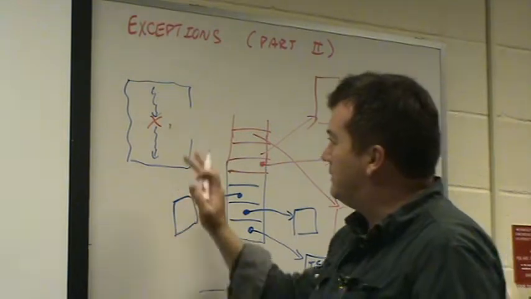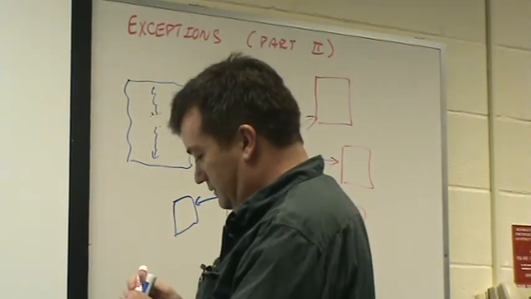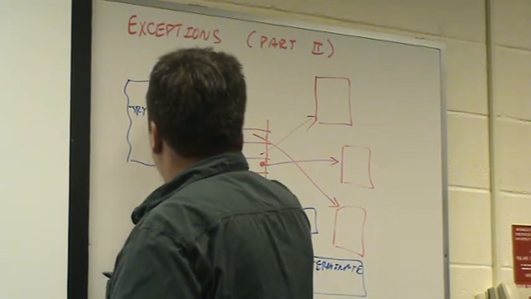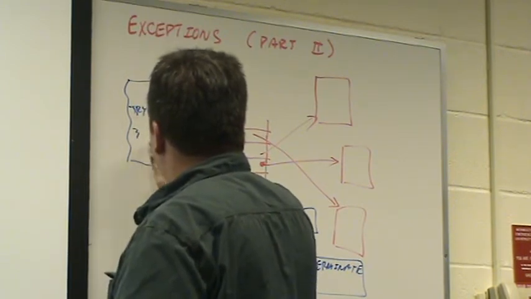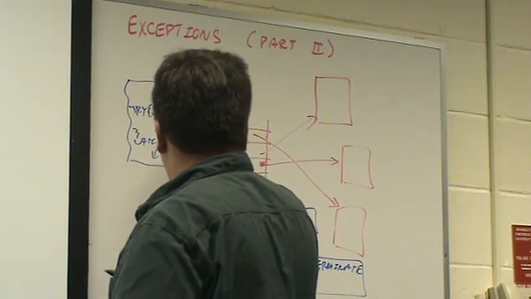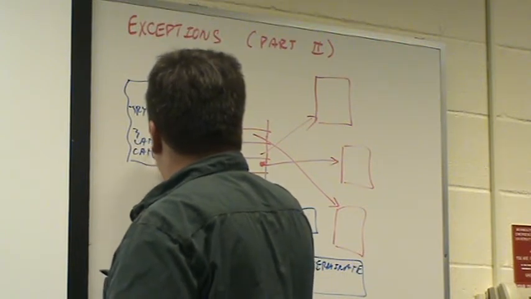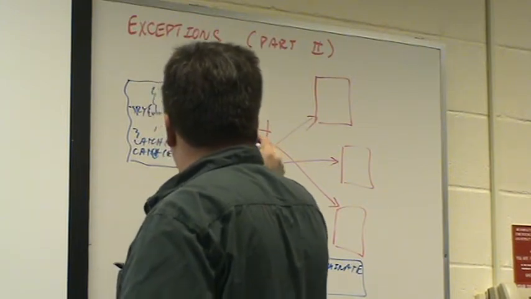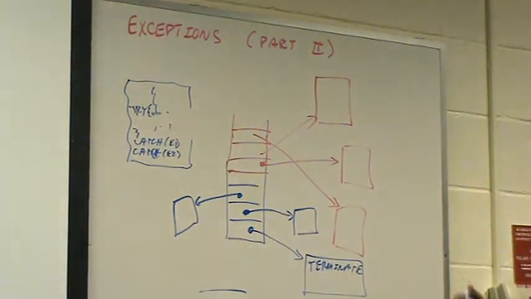So if you have a try block, and you say try and then catch with a certain type of object, E1, E2, you're putting routines on top of the stack in case something goes wrong.